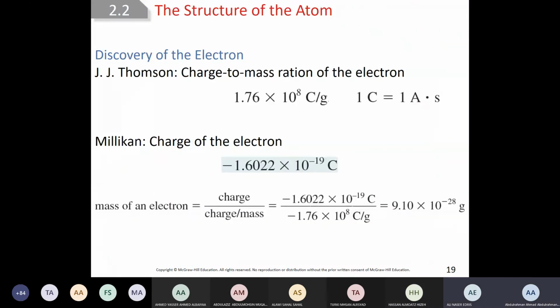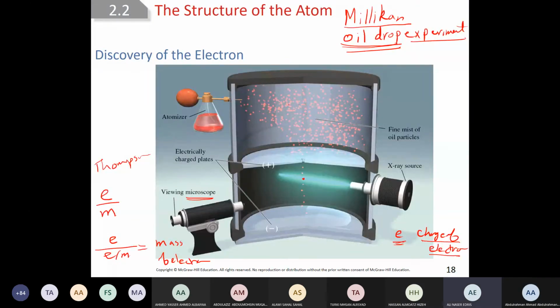Doctor, do we need to memorize the mass and charge? No, the numbers we don't. You have to know this ratio that was discovered by Thomson, and you have to know what Millikan discovered. That's all. Doctor, if we ask who discovered the mass? Both of them.